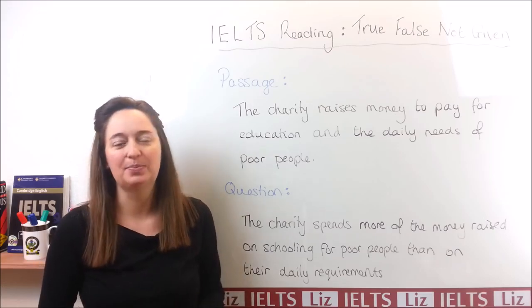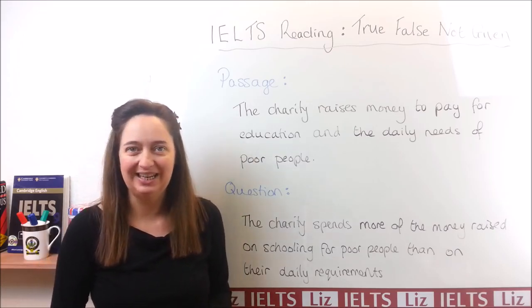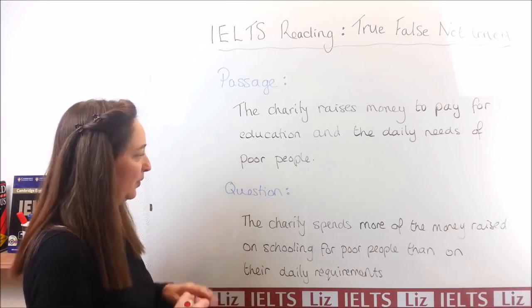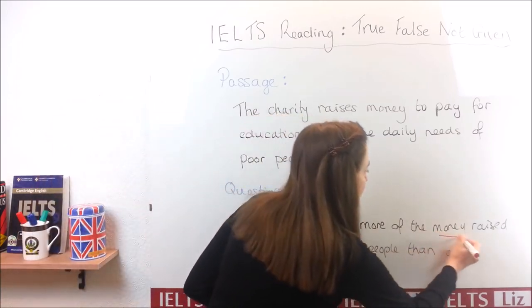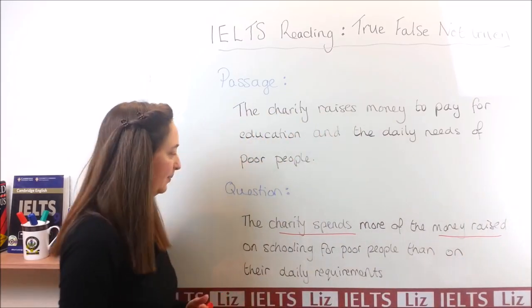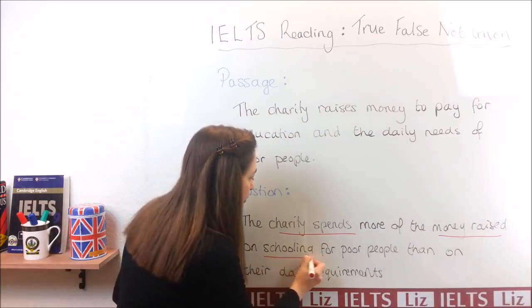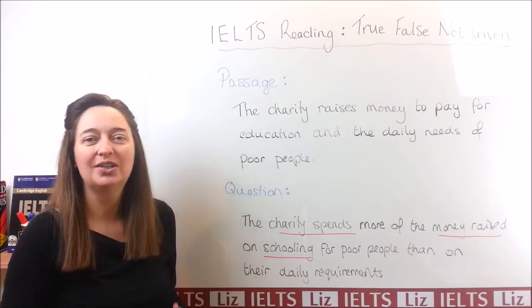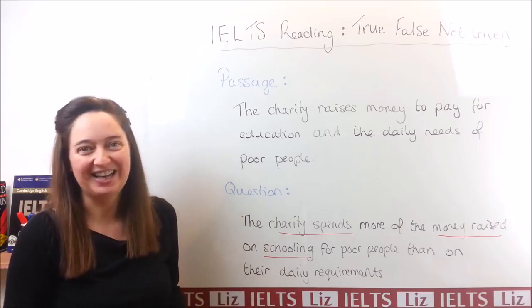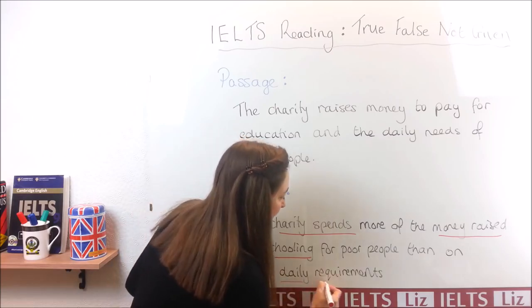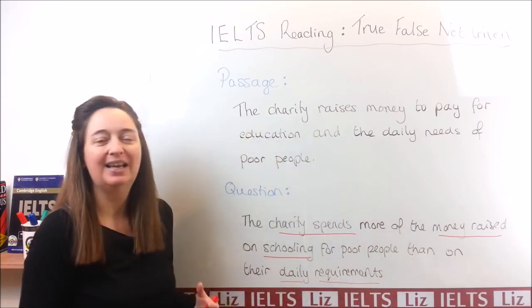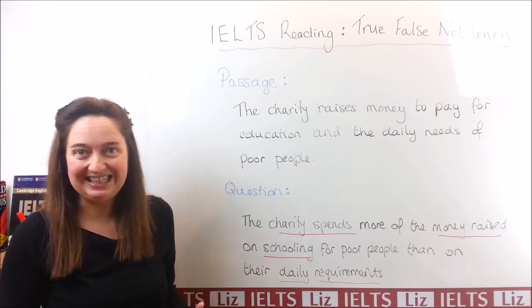So again, we're going to spend a little bit of time looking at the statement. So we've got spending money, and this is money that has been raised on schooling, and of course schooling means education, than on daily, everyday requirements, and requirements means needs.